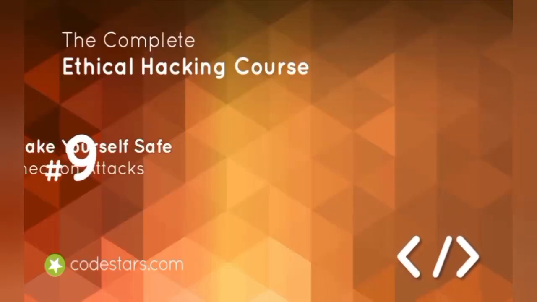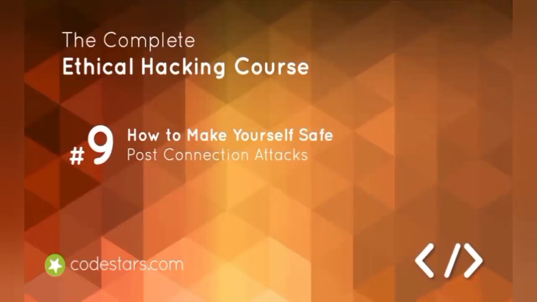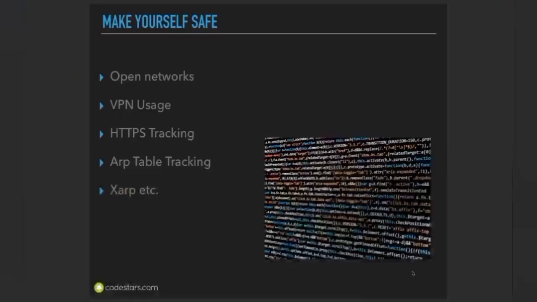Hi! Within this lecture, we're going to discuss how we can make ourselves safe against these man-in-the-middle attacks. So within this section, actually we have seen that hackers can easily steal our data when we are on the same network with them. So the first thing to do is to avoid any open networks.